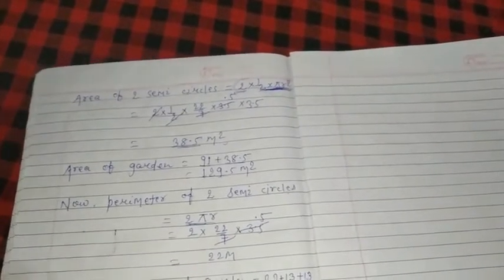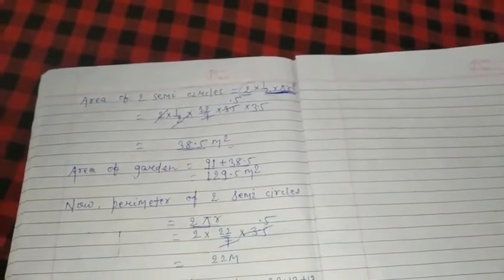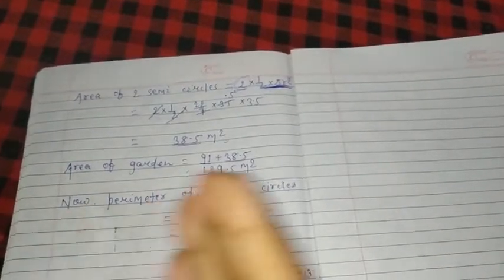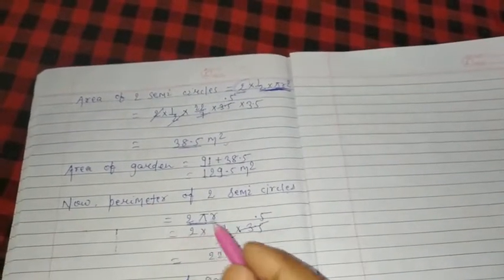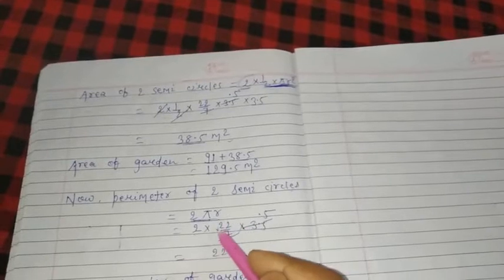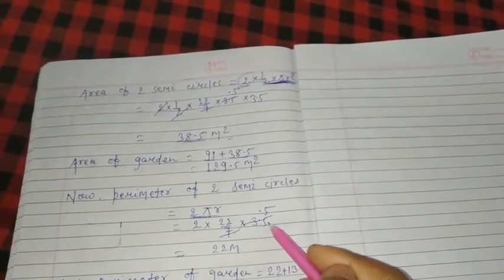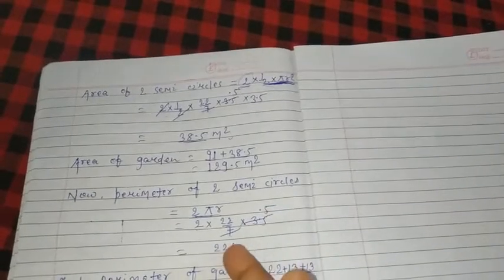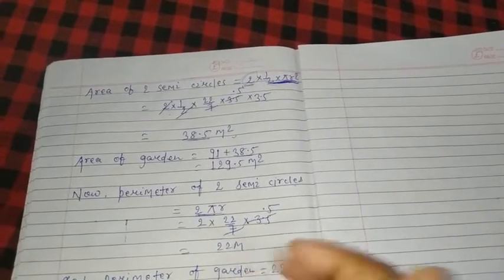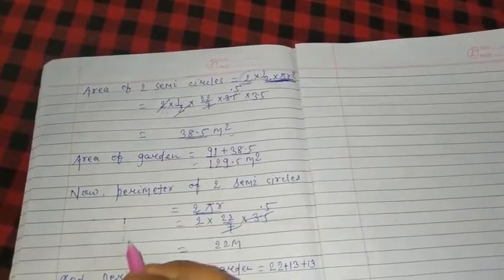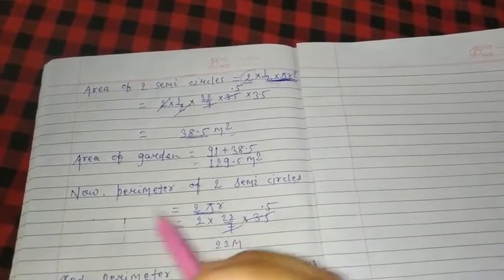As you have learned, the circumference of the circle is equal to 2 pi r. So here 2 multiplied by 22 by 7 multiplied by 3.5 will give you 22 meter. Now we have found the perimeter of the two semicircles.